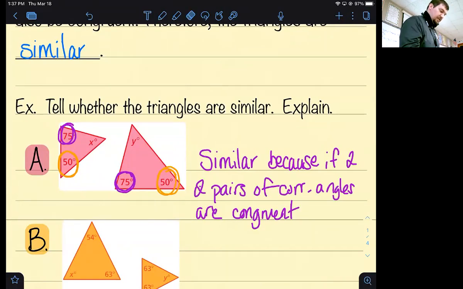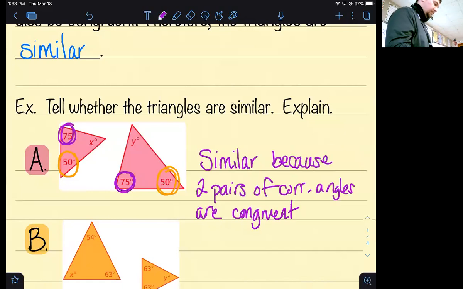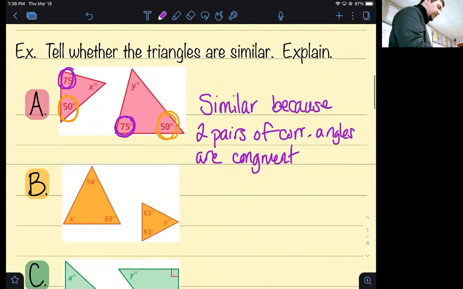I guess I should have said similar because two pairs of corresponding angles are congruent. Two pairs. Okay, look at the next example.